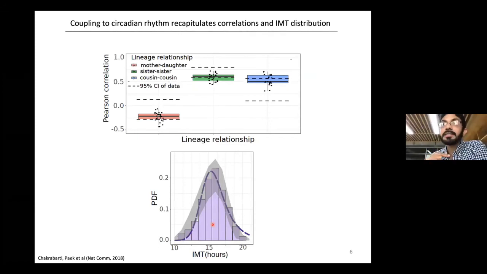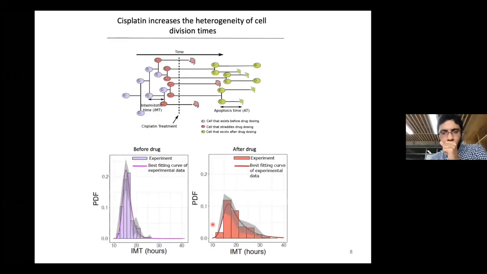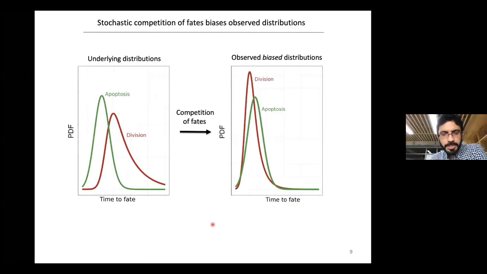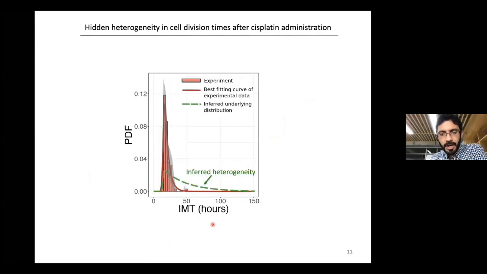I've not done that. The reason we didn't do that is it's hard to get cells that have such long division times. But one thing we did do is when we added the drug, what you notice is that the average division time here, so this distribution is our underlying distribution of cell cycle times.